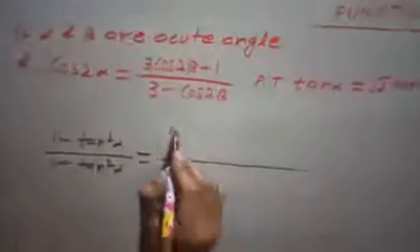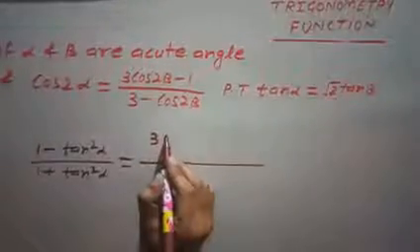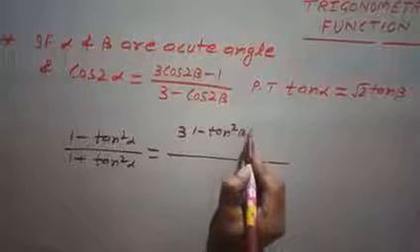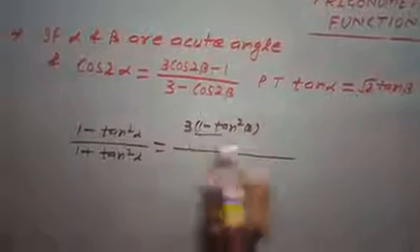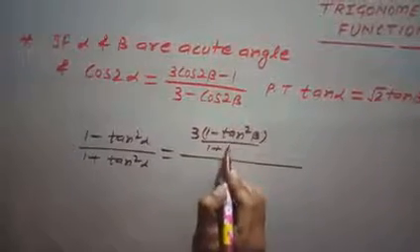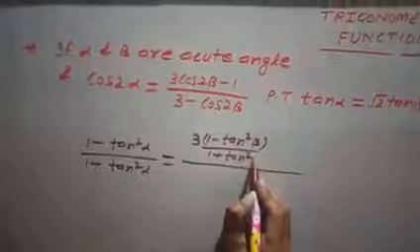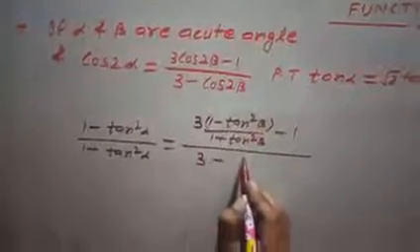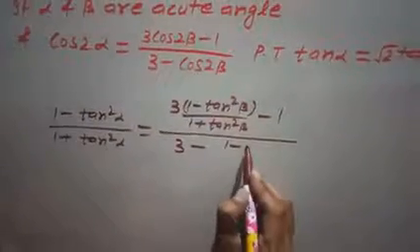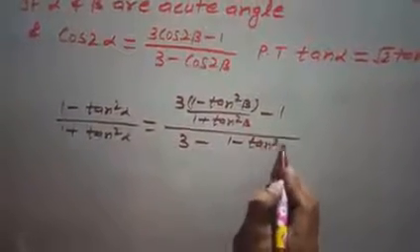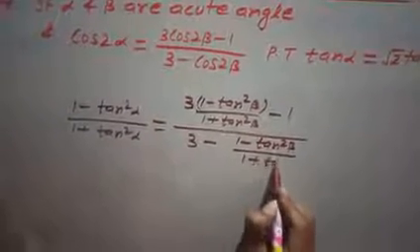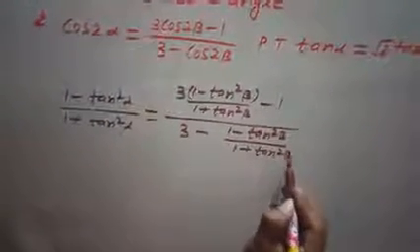Similarly here 3 cos 2 beta means 3 times (1 minus tan square beta) upon (1 plus tan square beta) minus 1, and 3 minus (1 minus tan square beta) upon (1 plus tan square beta).